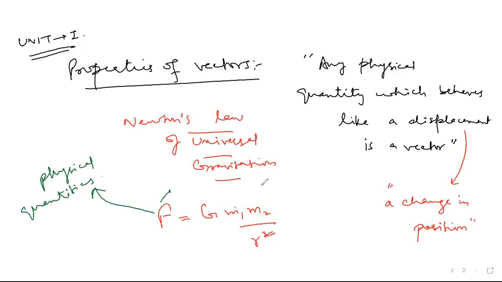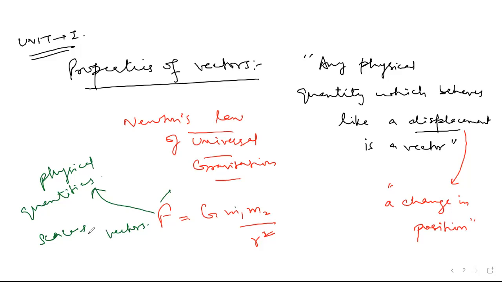Now, these physical quantities we broadly classify into scalars and vectors. Scalars have only magnitude, but vectors have magnitude as well as direction. And when we define a vector, we can define it in terms of displacement, because all vector quantities, whether it is force, velocity, acceleration, they are like displacement.